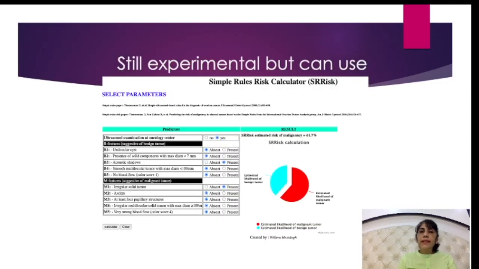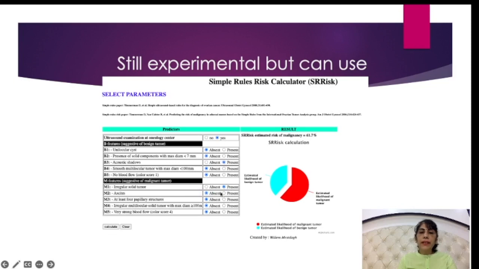And then there is this risk calculator that has been developed, and this is the calculator. It is still in the experimental form, but yes, you can still use it to see how much the risk of malignancy is. In this case they have put up the benign features and the malignant features in the form of a table. Choose the mass and see what features you could see. For example, I saw there was an acoustic shadow present, and then I find there is an irregular solid tumor present.